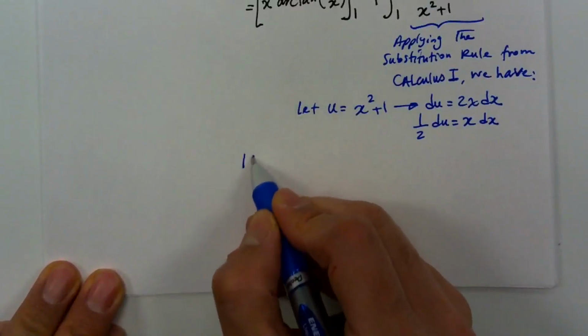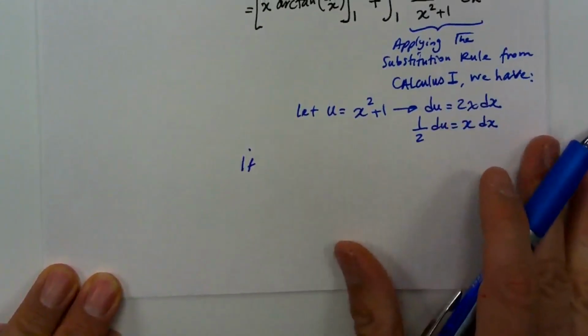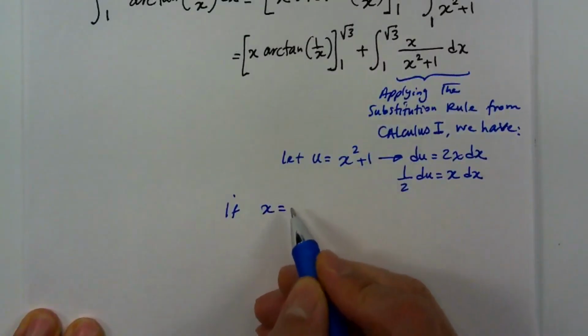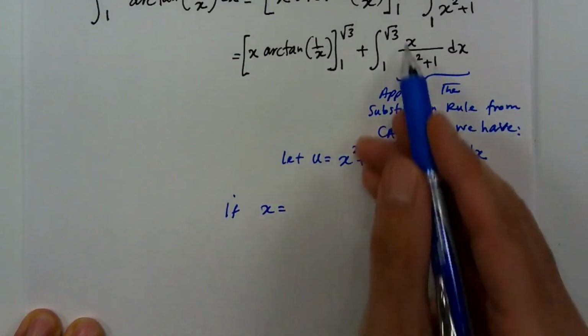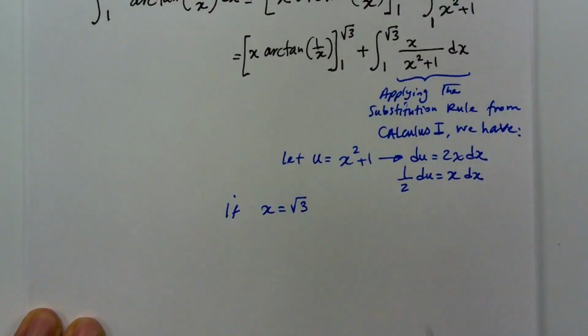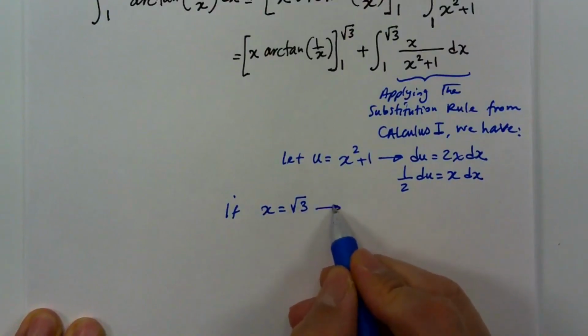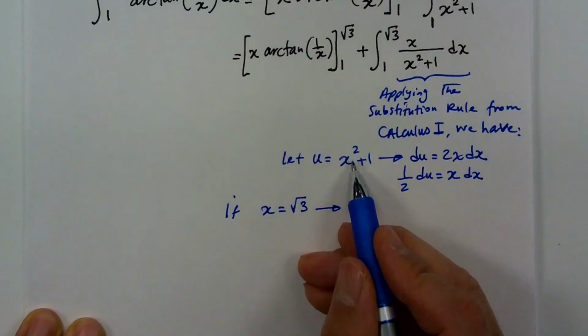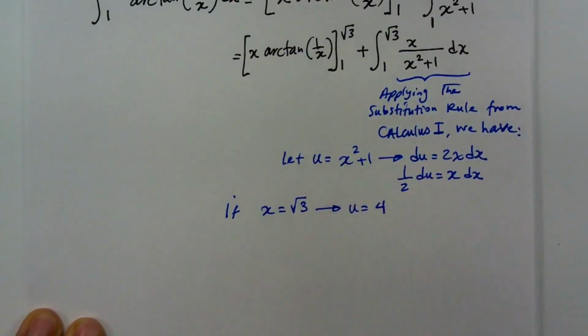If x is equal to, I'll just start from the upper limit this time. If x equals square root of 3 and we plug it in here, what would u be? u would be square root of 3 squared, that's 3, plus 1, u would be 4.